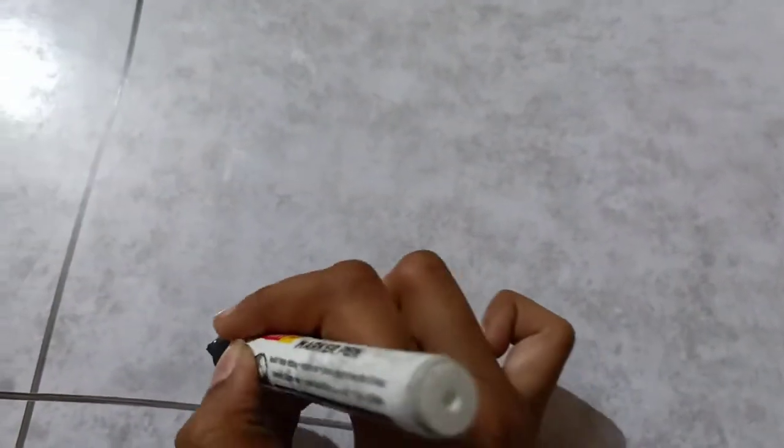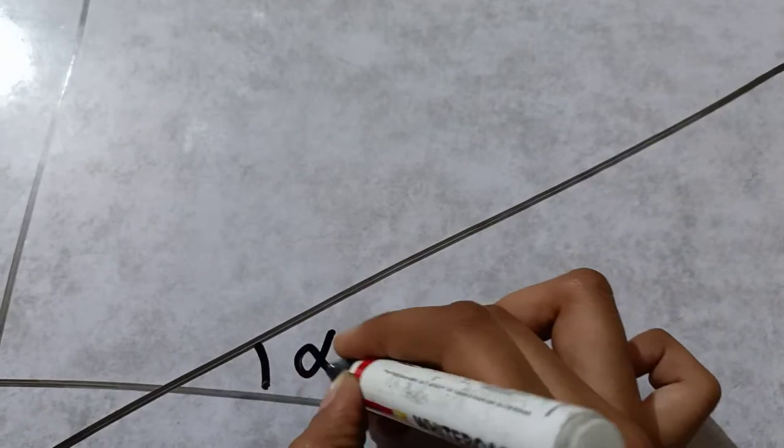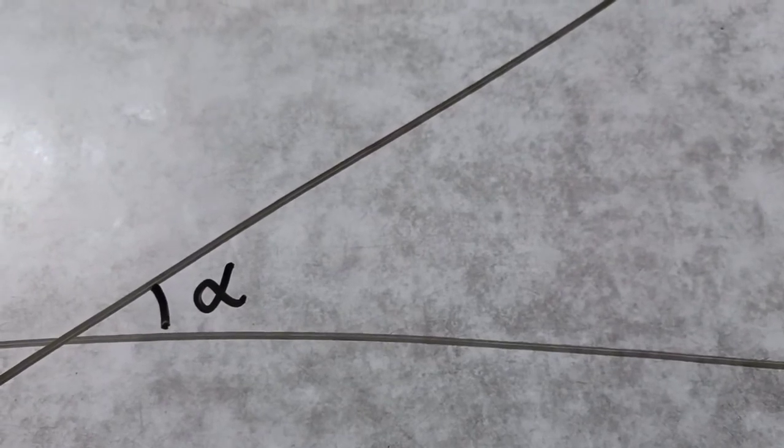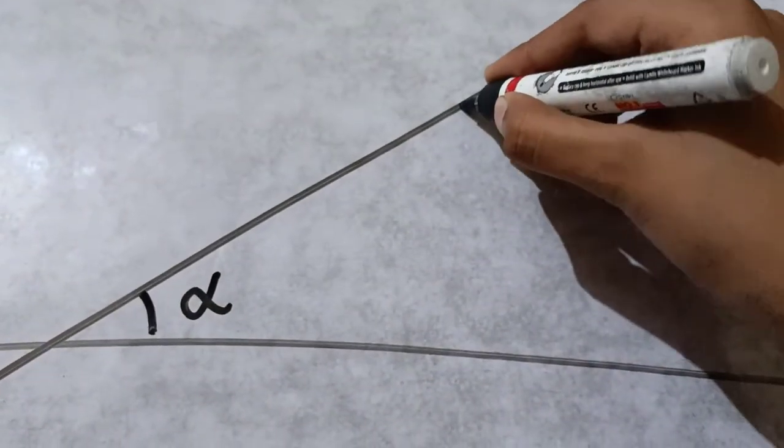In this plane you have one angle as an acute angle, which is alpha, and one angle as an obtuse angle, and that line must be perpendicular to this line. Let's suppose I am drawing a perpendicular to it like this.